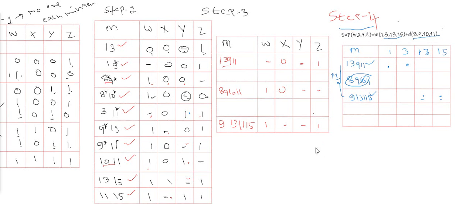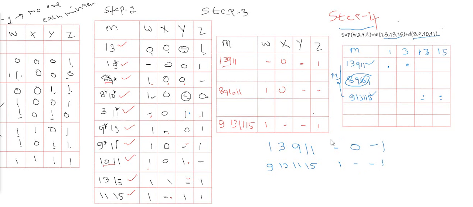So you will go with the equation. The equation is 1 3 9 11, so this is known as bar 0 bar 1. In a similar way we have 9 13 11 15, so it is 1 bar bar 1.